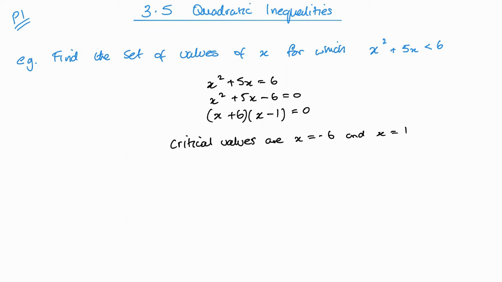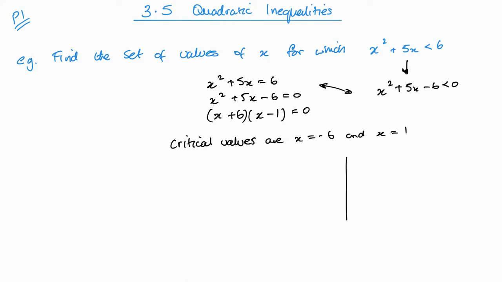Now what I do is I want to think about my inequality. So my inequality is x squared plus 5x minus 6 is less than 0. Obviously, this matches up with how we just solved it for our critical values.